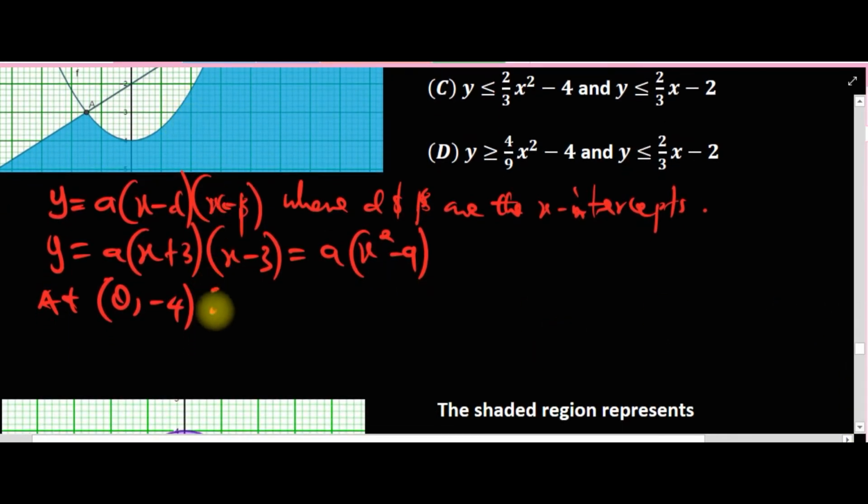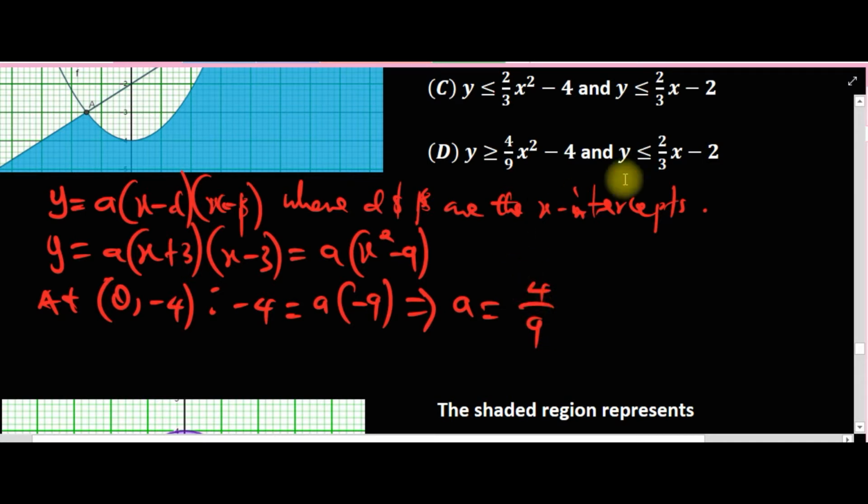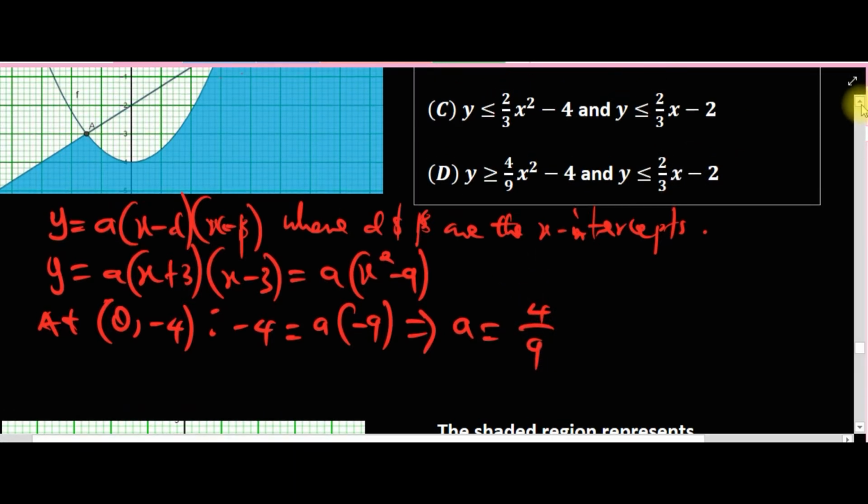At this point, minus 4 equals a times 0 squared minus 9, therefore a is 4 over 9.